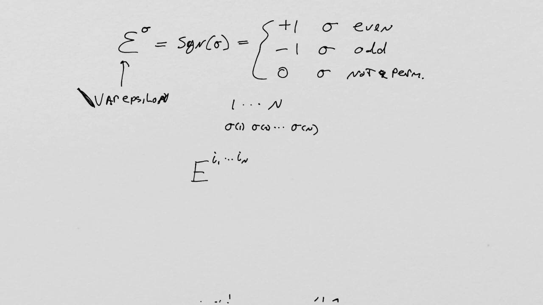Our components are going to be essentially +1 if i1 through in is an even permutation of 1, 2 to n, -1 if this is an odd permutation of that, and 0 if it is not a permutation at all.